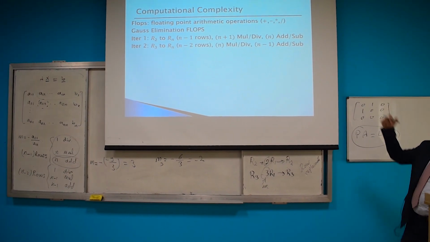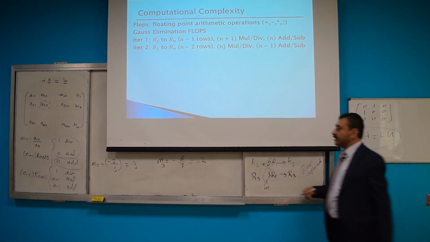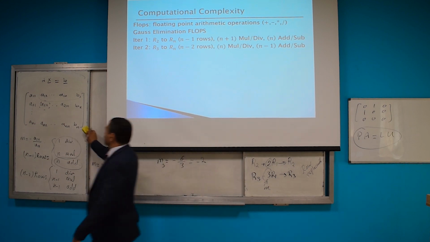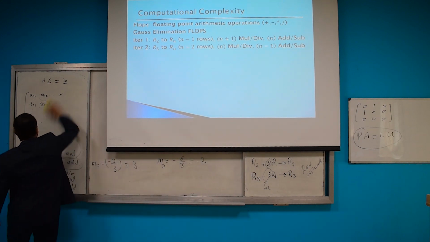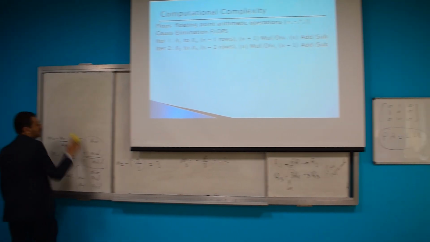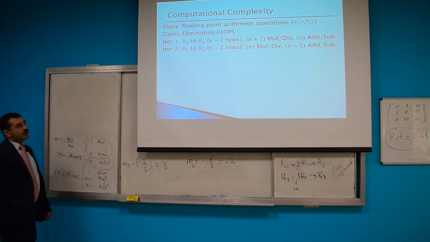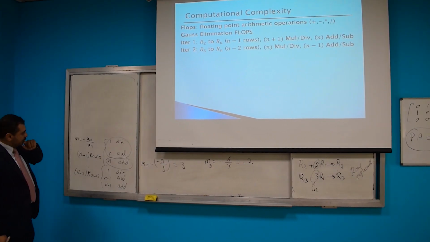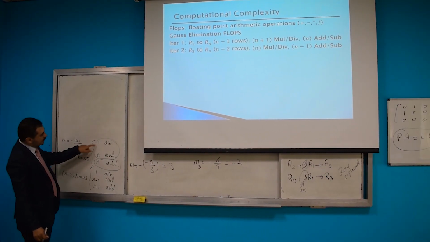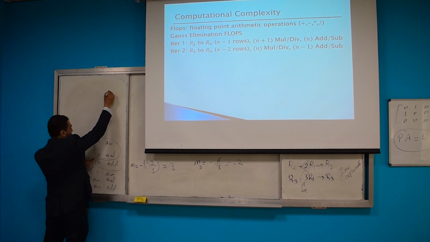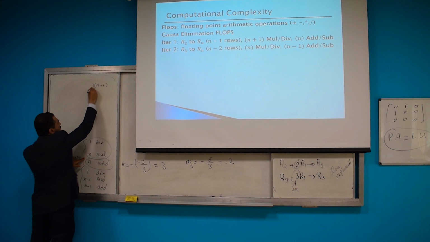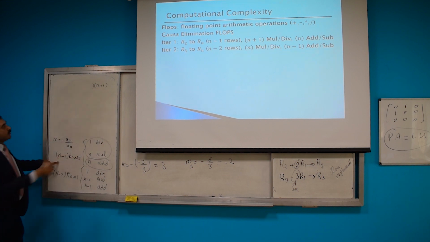So let's sum up these guys to get the total number of flops. If you are talking about multiplication and division, you have here n plus 1 times n minus 1 rows.